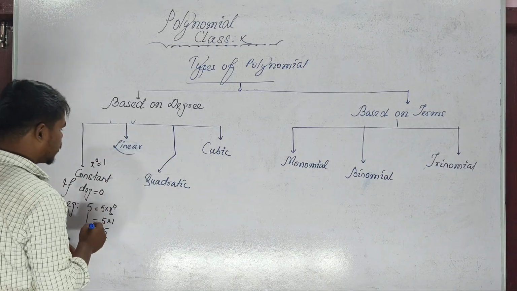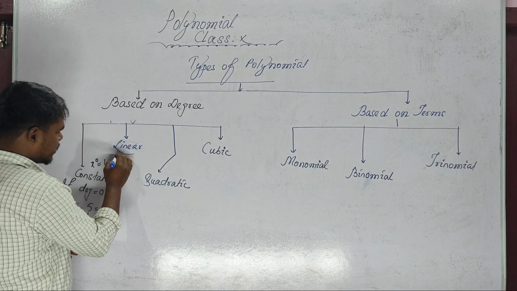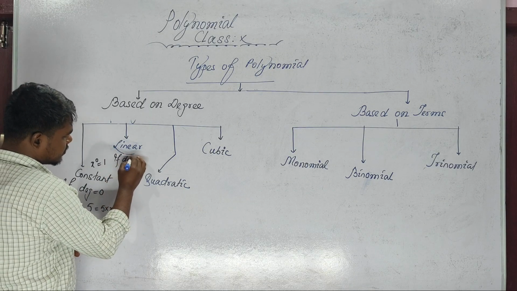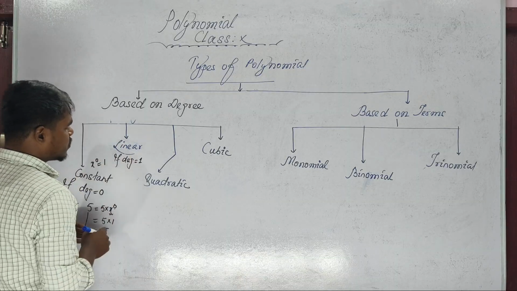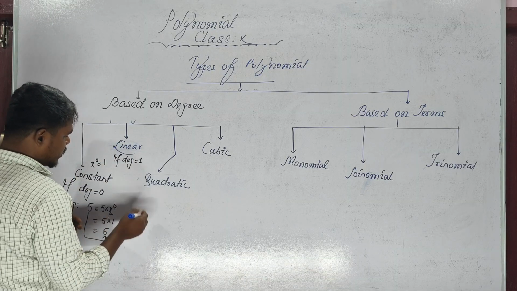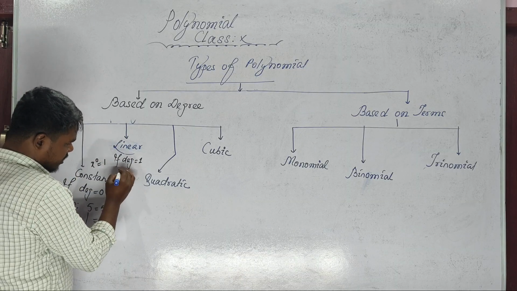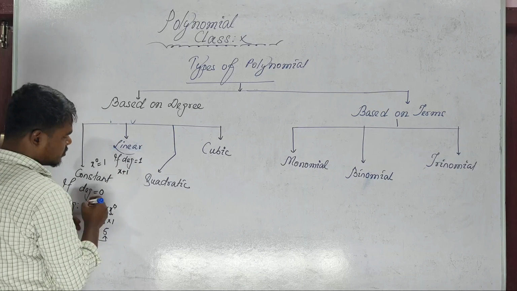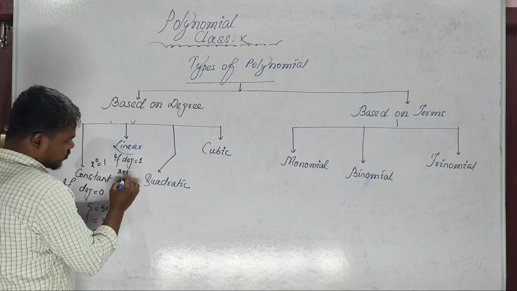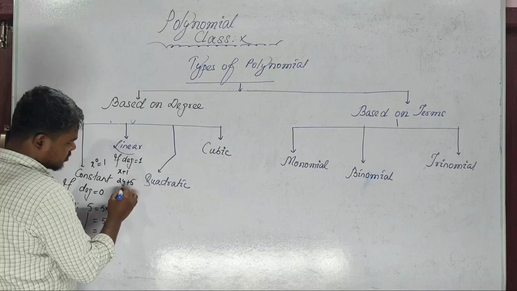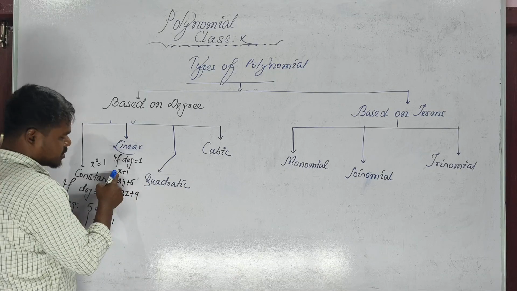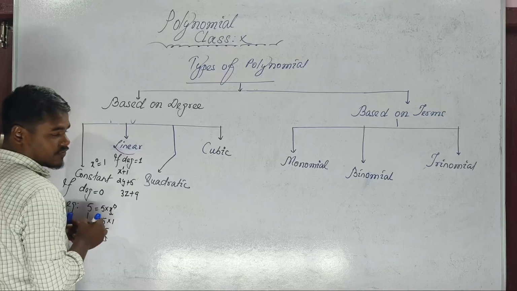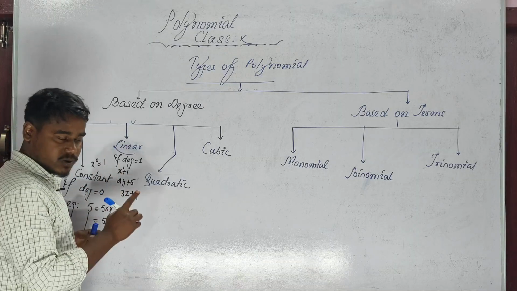Now come to the linear polynomial. If degree is 1, this polynomial is called linear polynomial. Yes or no? Suppose for example x plus 1, 2y plus 5, 3z plus 9. Here x means variable. The highest power on the variable is 1, it means degree is 1.